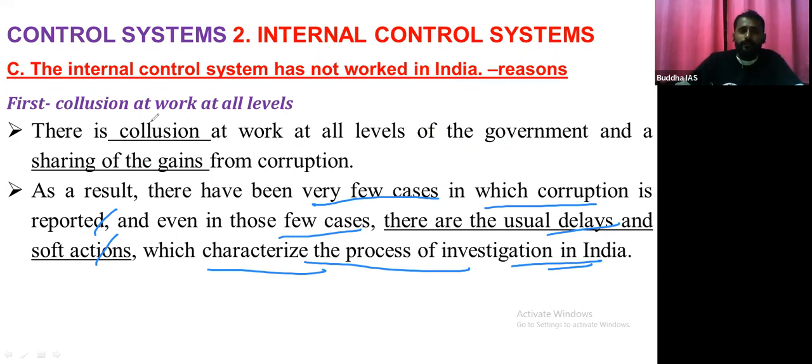First and foremost, there is collusion, which implies sharing of gains. Then, since all these people are already involved, they take things very lightly, and the cases won't be made known to all. Even if someone is booked, there is a long procedure and very slow processes.